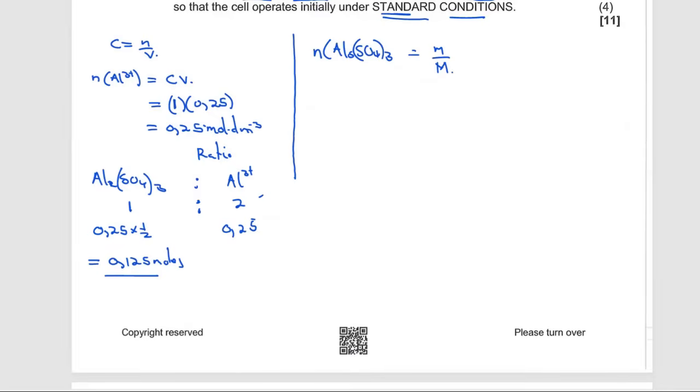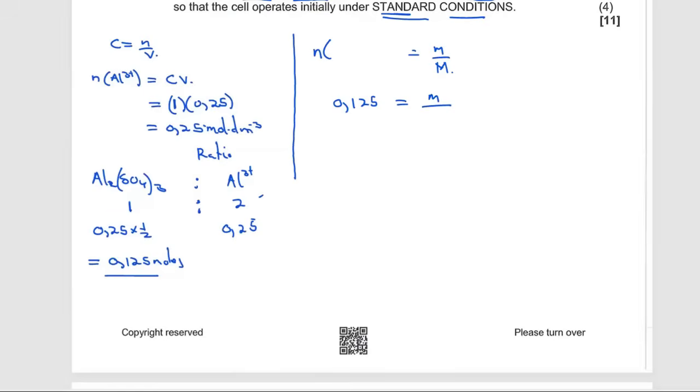So I'm going to take that value of the number of moles, 0.125, as equivalent to the mass that we're looking for, all over the molar mass of this one. Let me make it easy by focusing on the SO4.